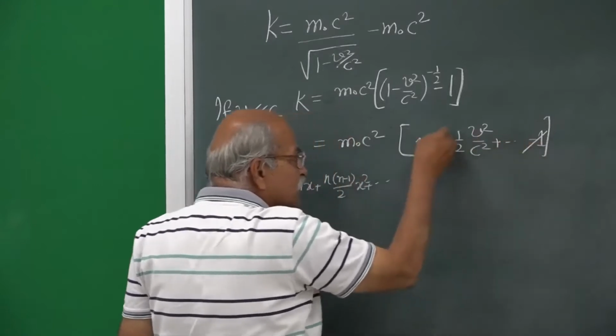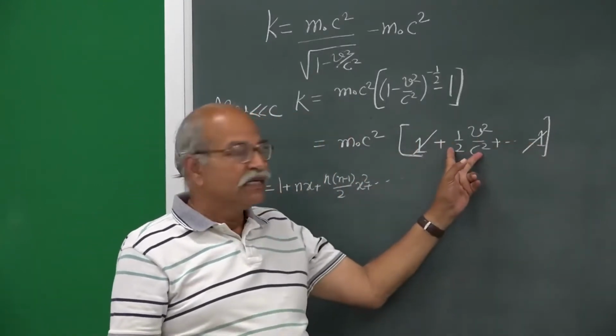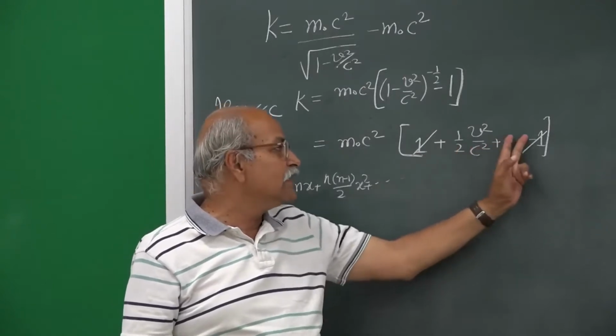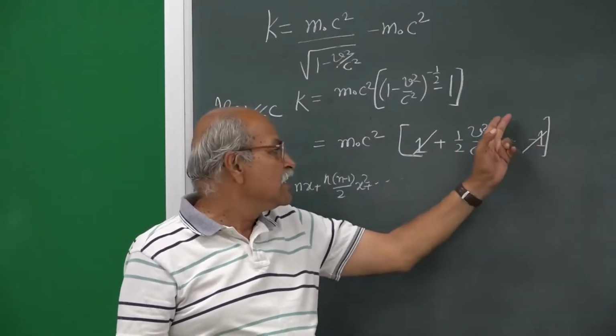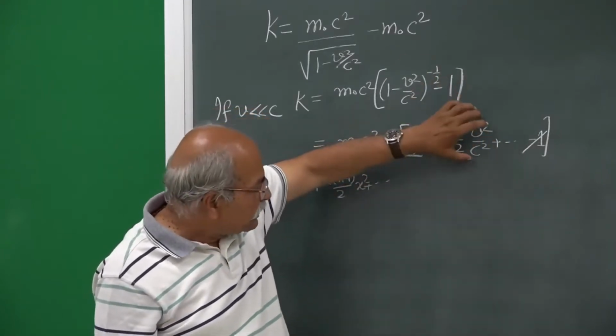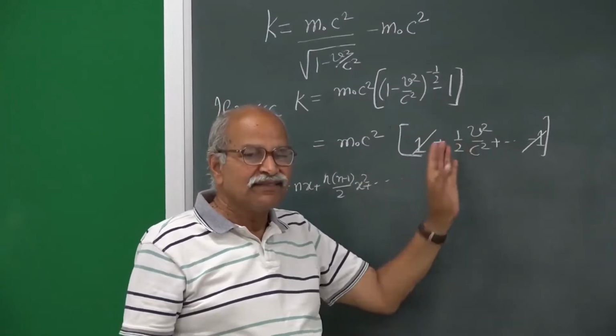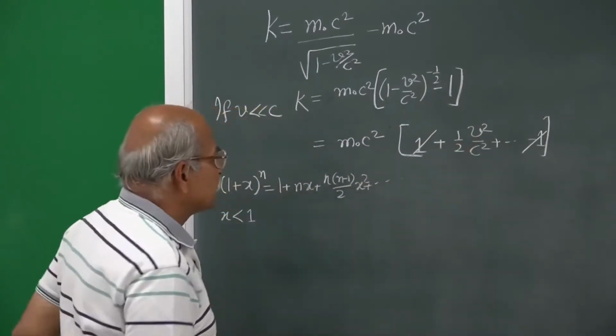So, this minus 1 cancels with this minus 1, but this remains, and therefore, we need not write any other term. Next term will be v to the 4 by c to the 4, square of this is already small. So, the first non-zero term we will retain, that is the way we do approximations.